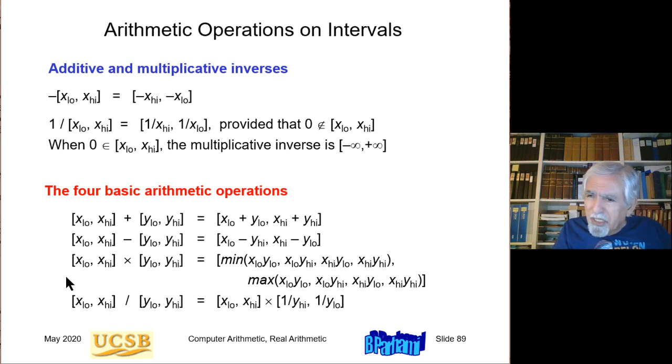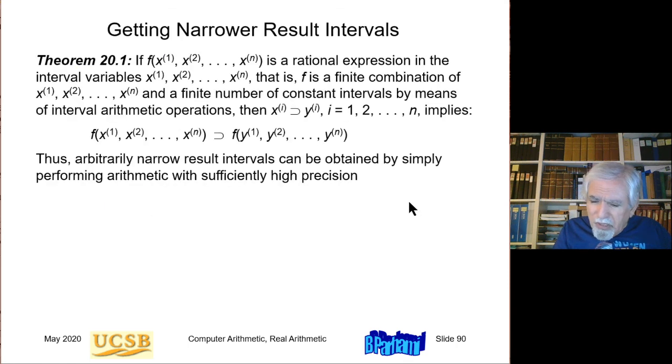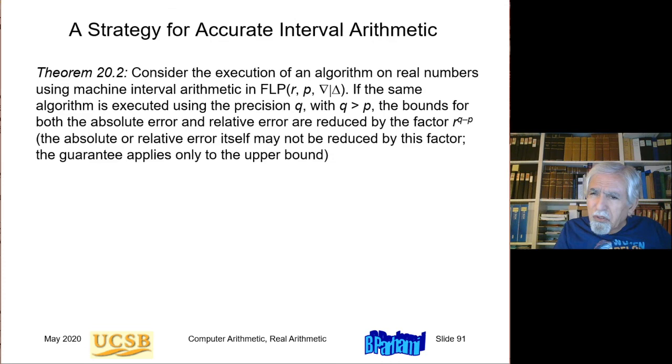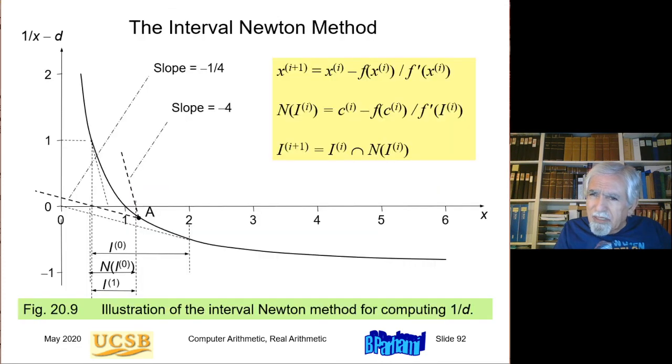Okay, so as I mentioned, in recent years, a lot of new results have been developed for interval arithmetic. And I won't go through any of the rest of this description. For example, we have the interval Newton method, which we referred to earlier as the Newton-Raphson method for finding the root of an equation. So you have the interval version of that.